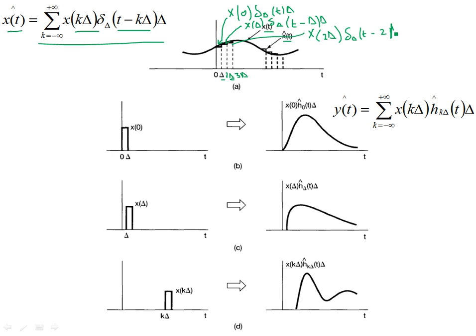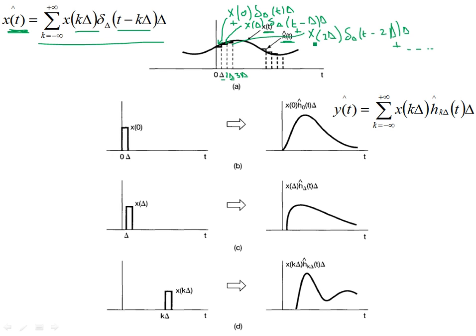If you sum this up for k ranging from 0 to infinity, this becomes the approximation x hat of t. If you sum all these staircases, this approximates the continuous time signal x(t).